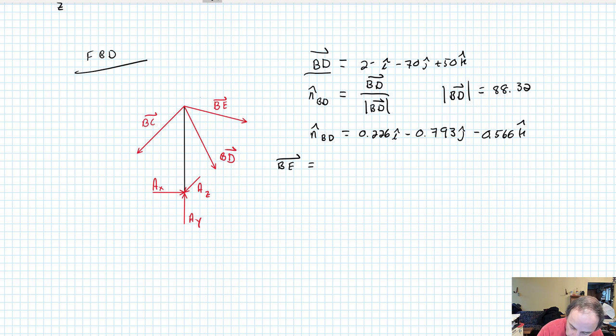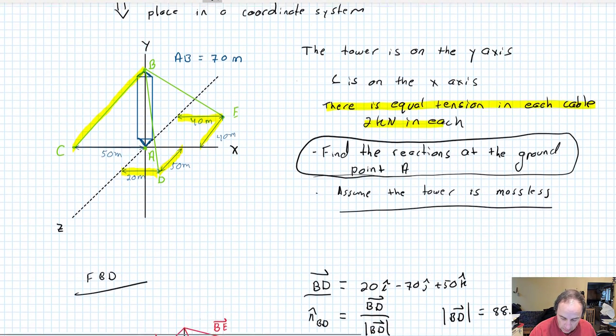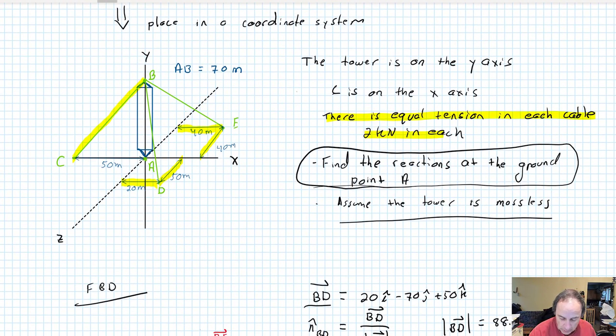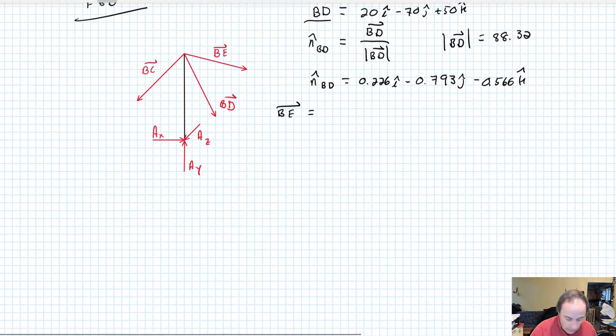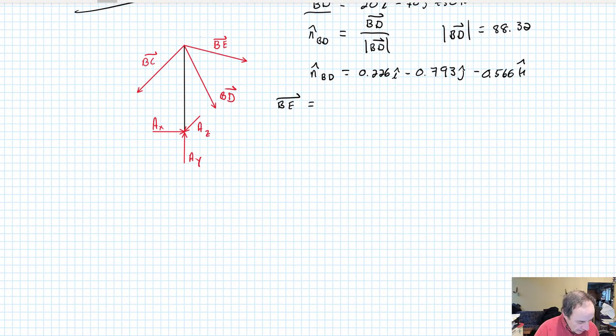So the vector BD is 20 along the x-axis. And BE is 40I minus 70J minus 40K. That's the vector.